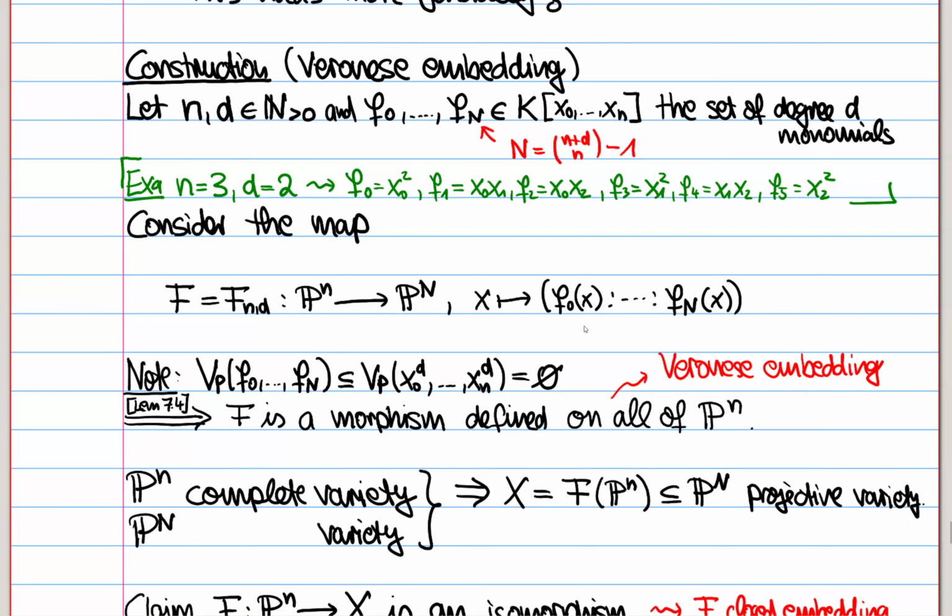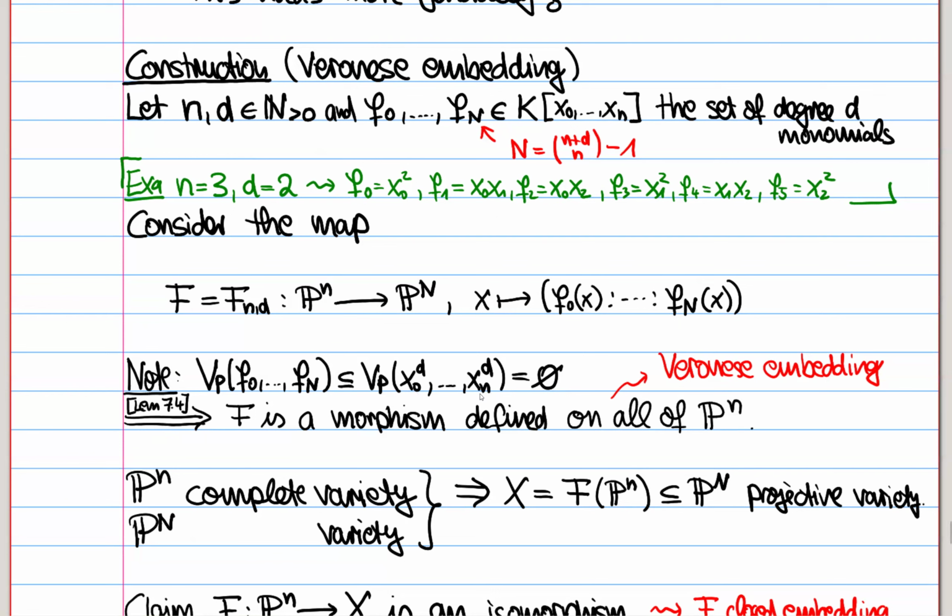And for this, we need to check that this vector here isn't 0. Well, in the vanishing locus of all of these degree d monomials, in particular, you have to have that all the dth powers of variables vanish. And this would force x0 up to xn to all be 0, but we know this is not allowed in Pn. So in fact, this vanishing locus is empty.